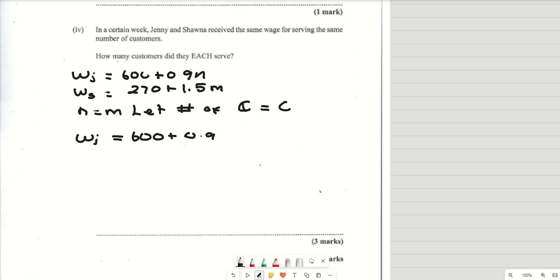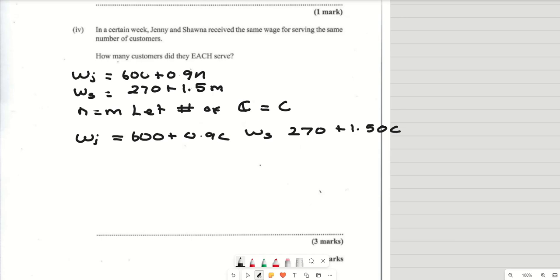We know n and m are customers, so let's say n is equal to m. In the formula we'll be using, we can let the number of customers be equal to C. So the new formula for Jenny's weekly wage would be 600 plus 0.9 by C, and Shona's weekly wage would be 270 plus 1.50 by C.